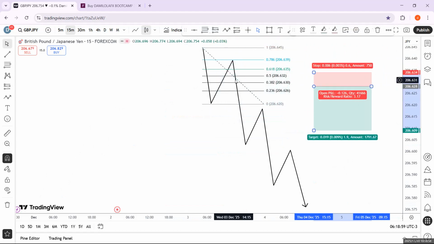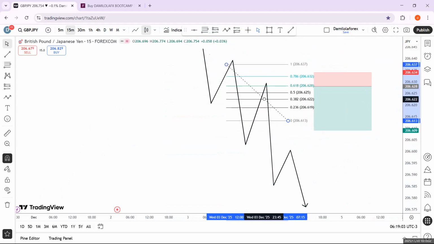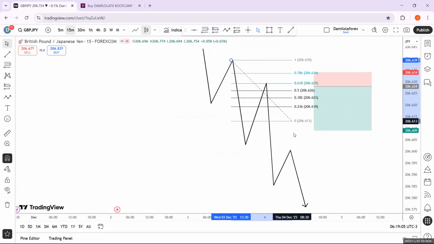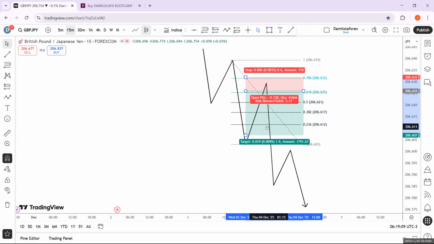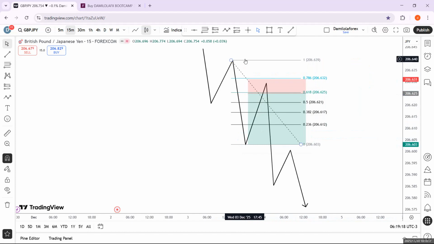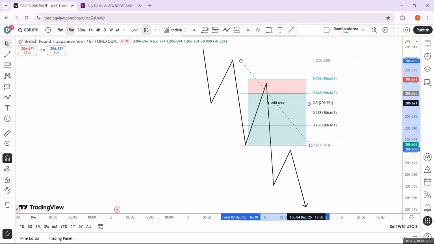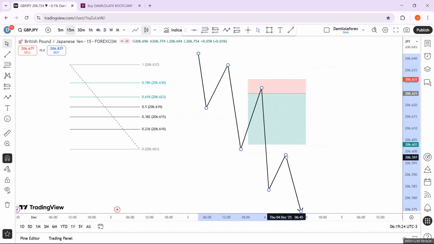You can also take it on the next movement. Bring the fib from the high to the low right here, and sell at around the 61.8 zone, and take profits at the lowest point where price originally rejected, while putting your stop loss above the high. These are very beautiful movements of price.